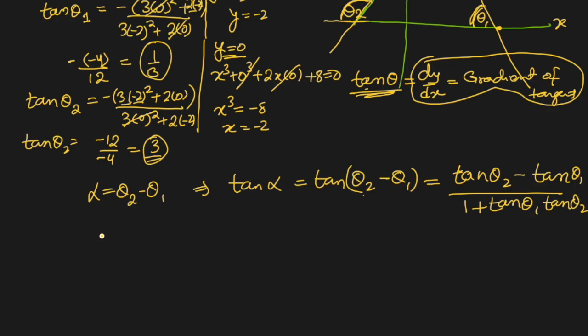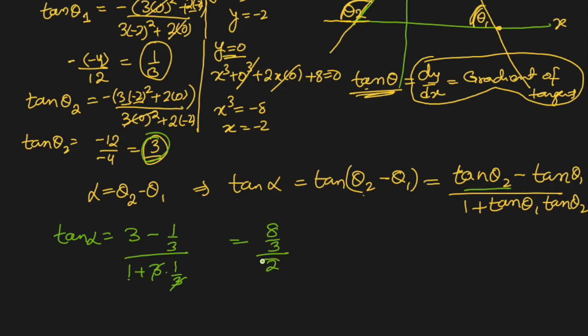We know everything. So tan alpha equal to tan theta 2, we just got tan theta 2 as 3, minus tan theta 1, 1 over 3, over 1 plus 3 times 1 over 3, they cancel out. 3 minus 1 over 3, 9 minus 1, 8 over 3, over 1 plus 1, 2.